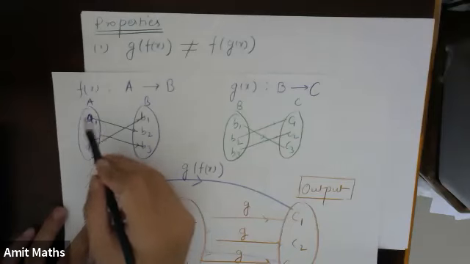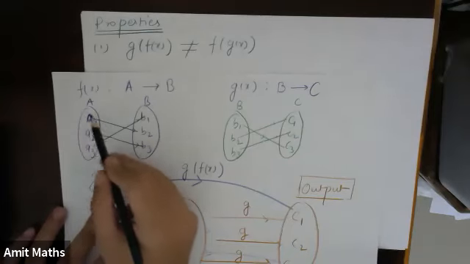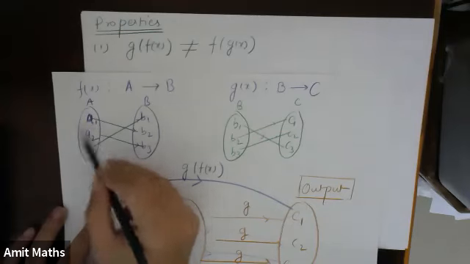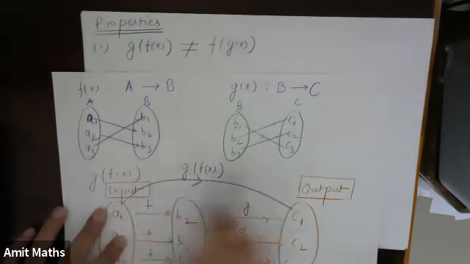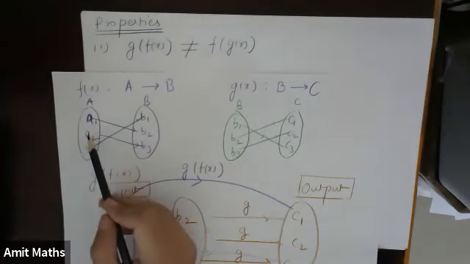But when I give c3 as an input to f, f will not take c3 as an input, because there is no c3 in the domain of f. Understood?